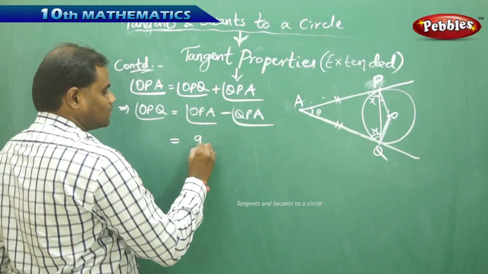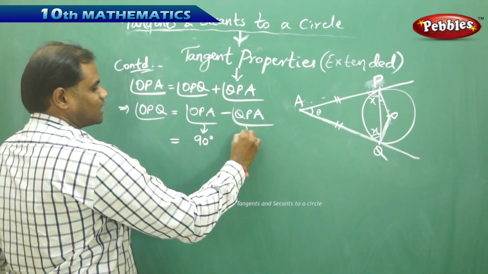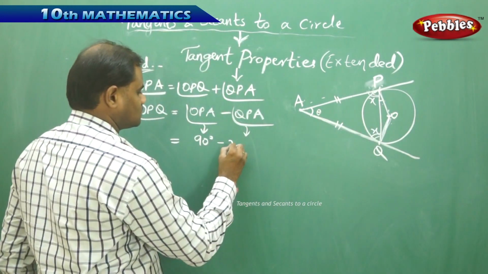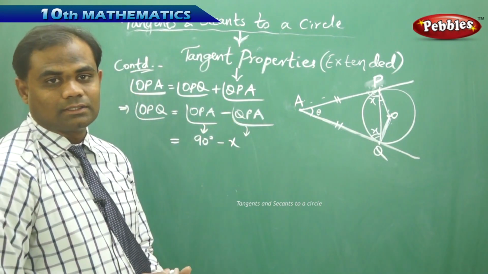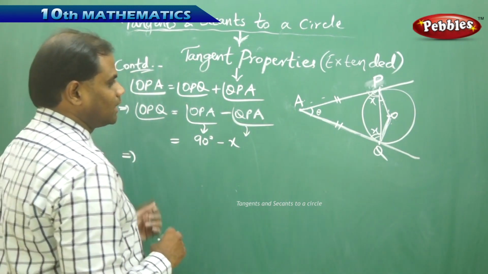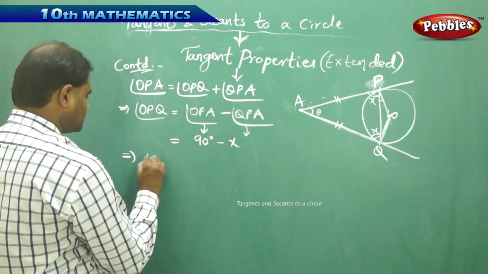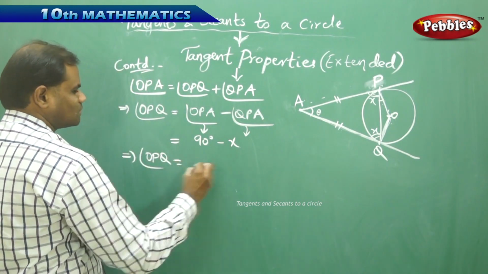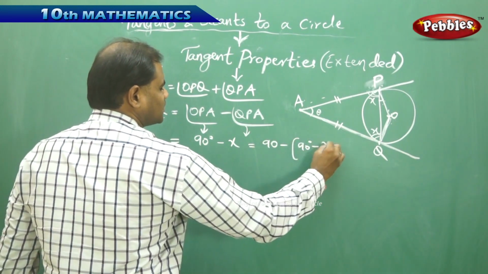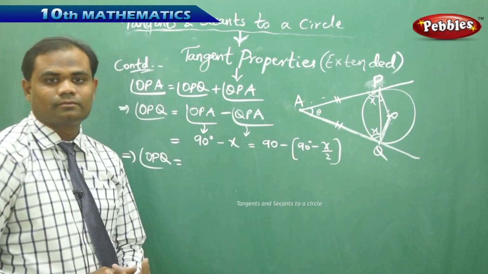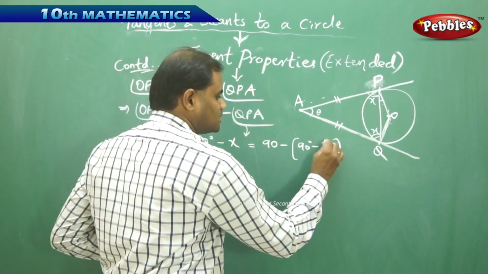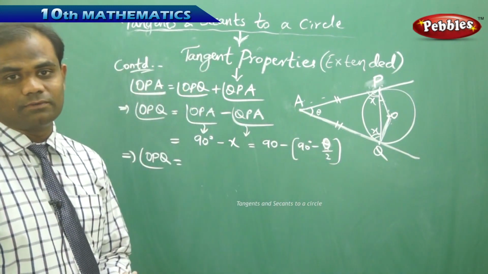My angle QPA is x, as I get from the diagram. So angle OPQ is 90 minus x, and x is already proved to be 90 minus theta by 2.